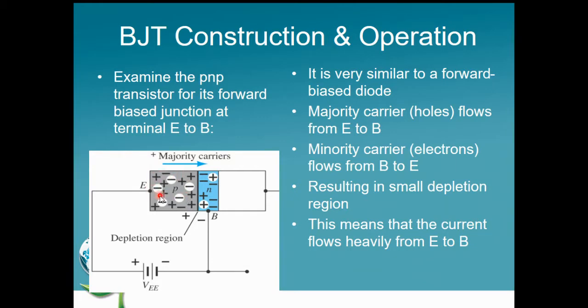The holes are pushed by the positive VEE, while at the B terminal there is a negative here, so it will attract the positive, or the holes, to go through from E to B. That's why we get the majority carriers flow from E to B. So this is actually the condition of the forward bias. It is similar to what you learned from the diode.